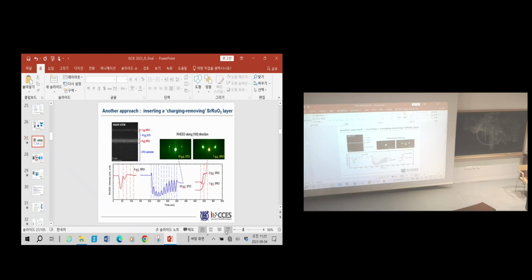The escape depth is usually less than 10 angstrom or 5 angstrom, typically they say. So usually all the signal is coming from the SrRuO, from the one or two layers at the top.